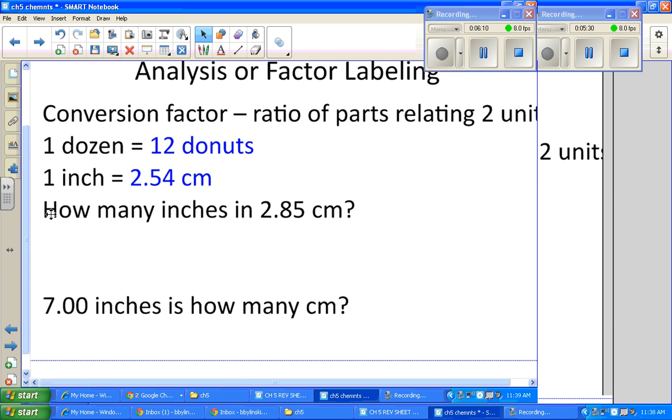So let's try one. From centimeters to inches. The first thing I'd like you to do is write down the number that was given. So that's the 2.85 centimeters. Next, draw your scheme, a straight line and a vertical line.